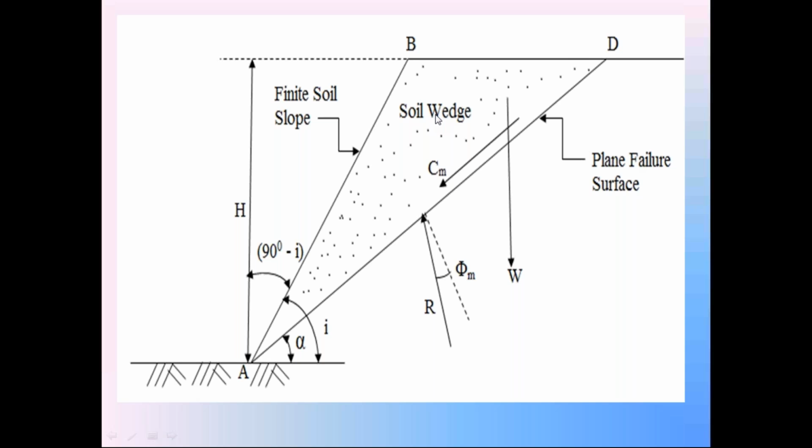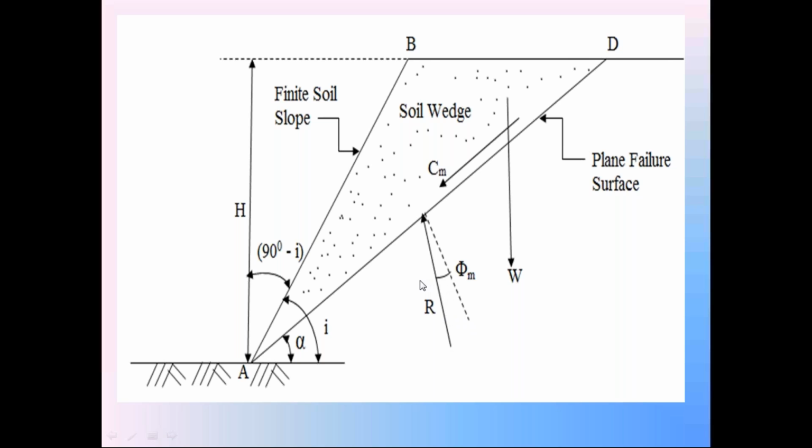That reaction force is acting in the upward direction. This dotted line is perpendicular to failure surface AD. With this perpendicular line, the reaction force R makes some angle, called phi m. This phi m is the mobilized angle of shearing resistance.